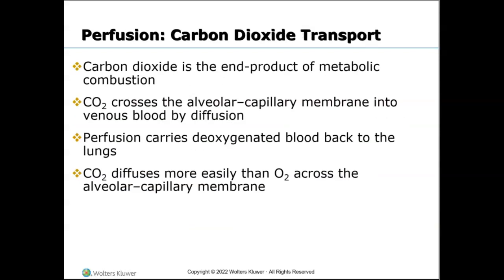Carbon dioxide is the end product of metabolic combustion. CO2 crosses the alveolar capillary membrane into venous blood by diffusion as well. Perfusion carries deoxygenated blood back to the lungs. CO2 diffuses more easily than O2 across the alveolar capillary membrane.